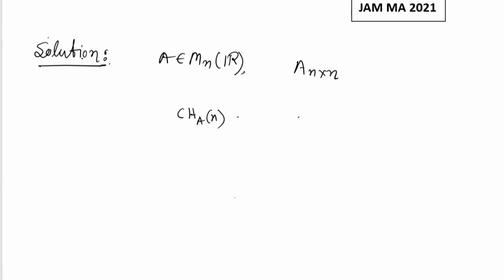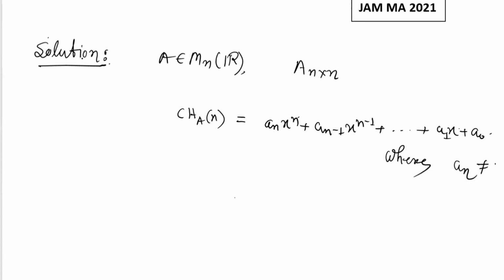So that is of the form a_n x to the power n plus a_(n-1) x to the power n minus 1 plus ... plus a_1 x plus a_0, where a_0 is not equal to 0.